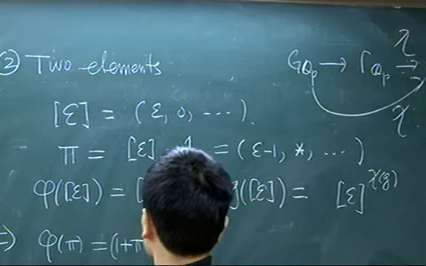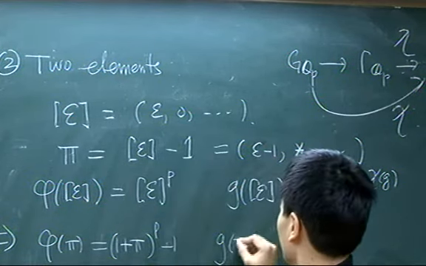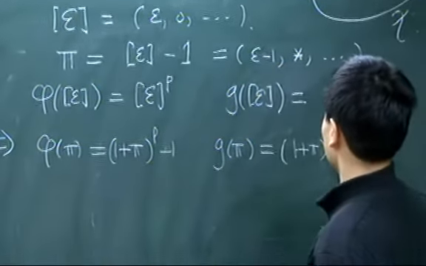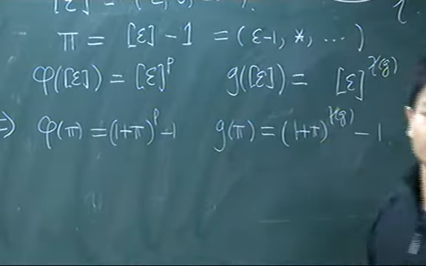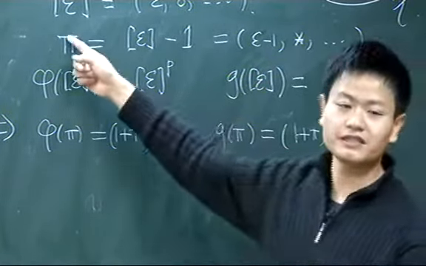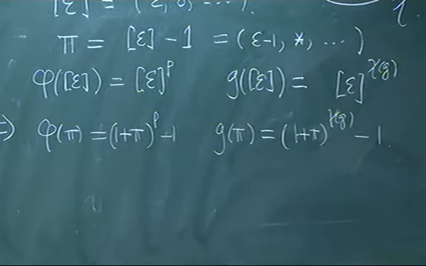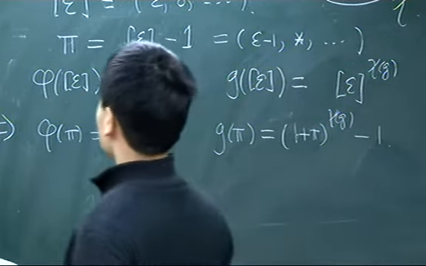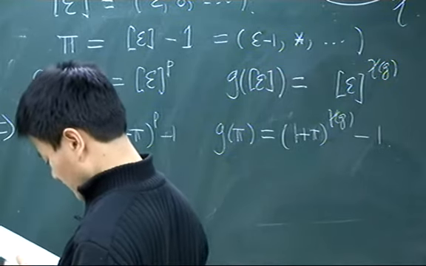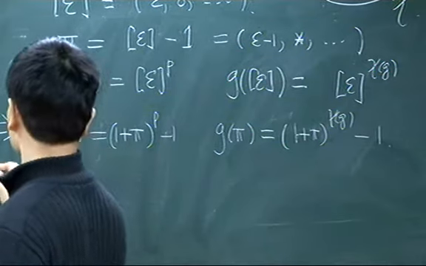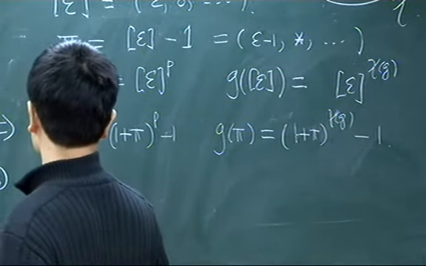If we have G_{Q_p}, we get Gamma_{Q_p}. g pi is 1 plus pi to the chi of g, minus 1. Okay, so actually, yes, this pi is the same as the t we had last time. We just change the variable from pi to t. Okay.